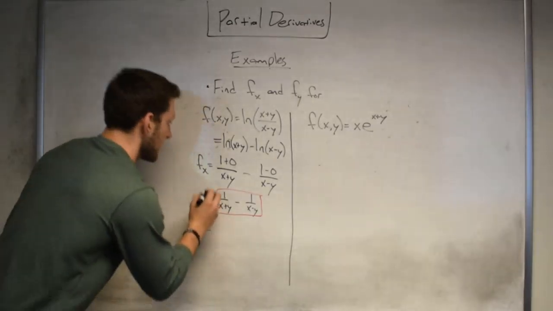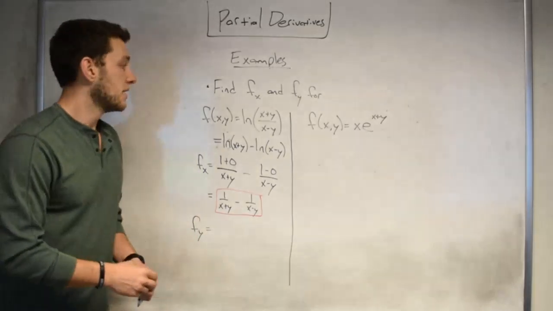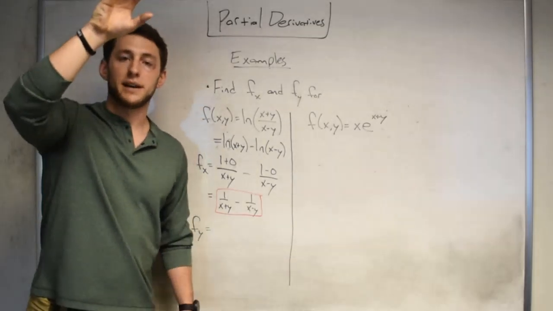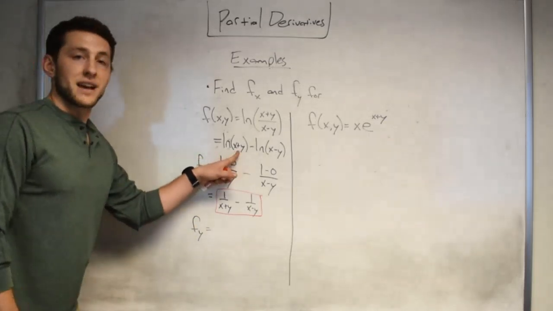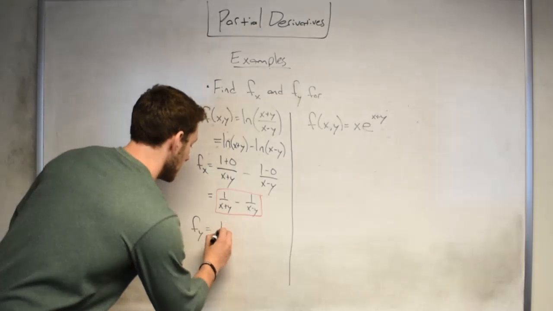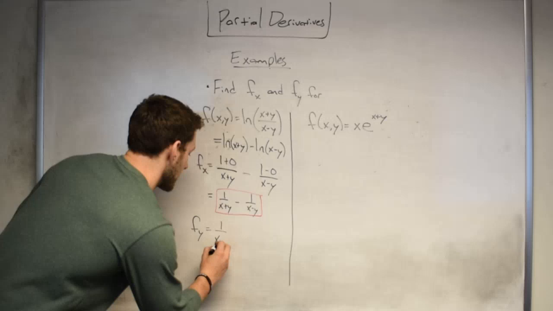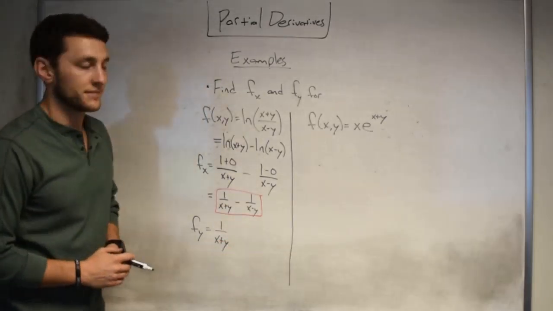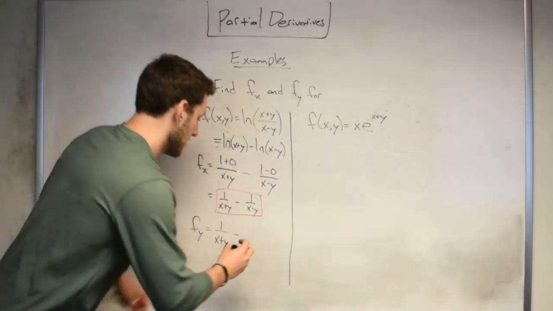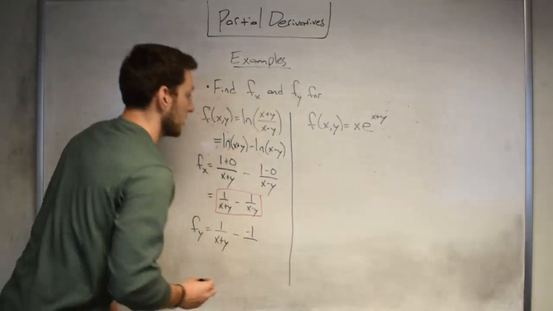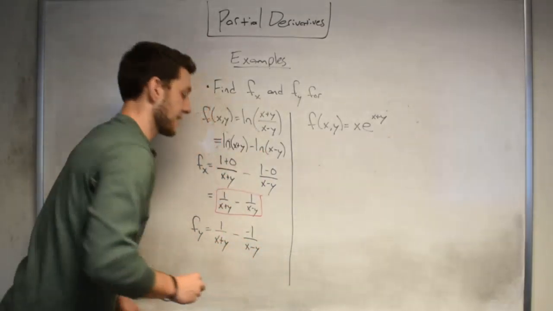If I now derive this with respect to y, the logarithm rule still persists. The derivative of the inside with respect to y divided by the original inside. The derivative of the inside with respect to y will just be 1, as the x will go away, divided by the original inside of x plus y, minus the derivative of the inside with respect to y, so we get a negative 1 right here, a little bit different, divided by the original inside, x minus y.